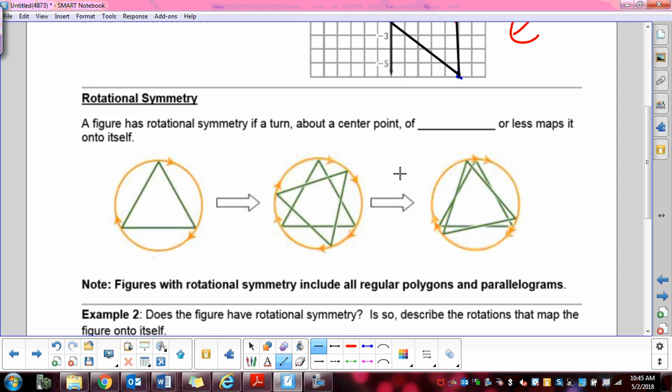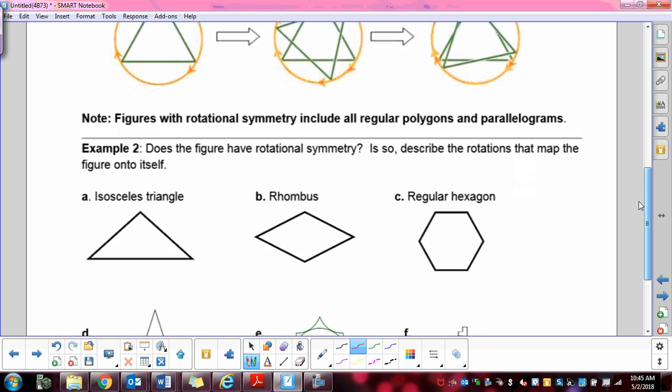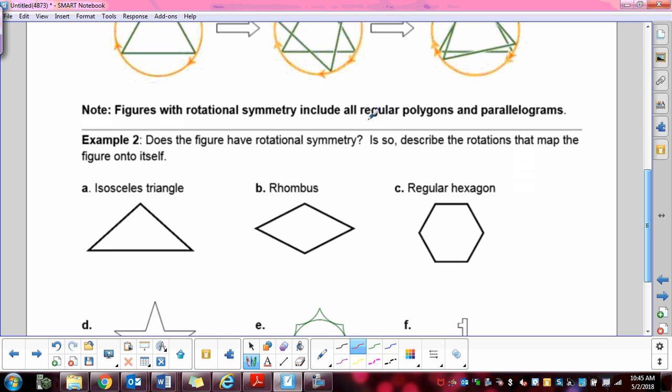So we're going to say a figure has rotational symmetry if a turn about the center point of 180 degrees or less maps onto itself, so it's going to look like itself again. All regular polygons, regular means that the polygons have equal sides and equal angles, and parallelograms. Does the figure have rotational symmetry?